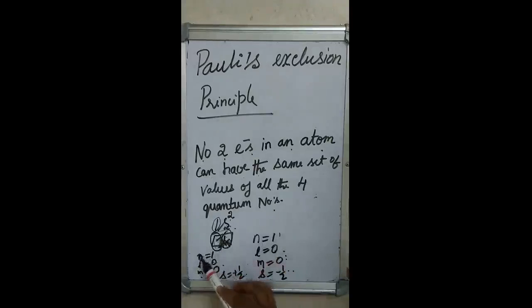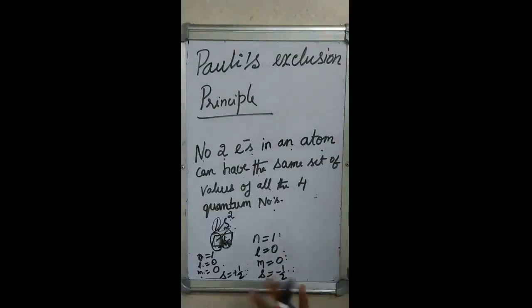Where will it differ? n, l, m may be the same, but the spin quantum number gives a different value. One electron gives plus half, another shows minus half. So no two electrons in an atom will have the same set of values of all four quantum numbers; it changes in the spin quantum number.